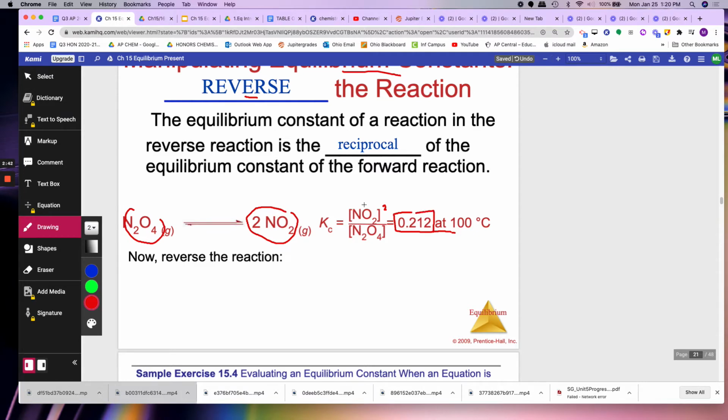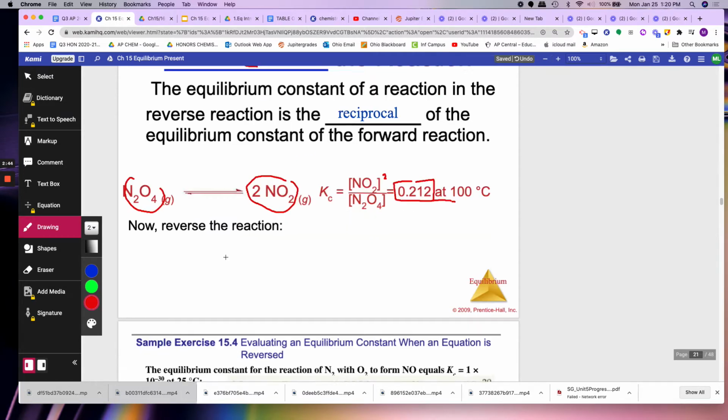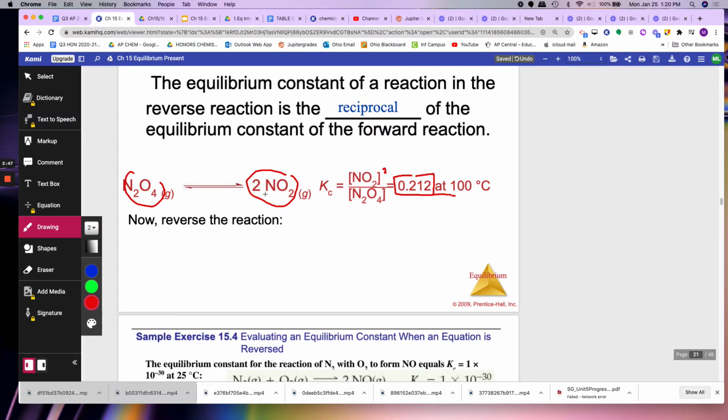Okay. Now, what if I reverse the reaction? If I reverse the reaction, I'll flip this here. So I'm going to write this first, 2NO2, arrow, and the reactants become the products, N2O4. Okay, so now my new Kc is equal to N2O4 to the first power over NO2 to the second.